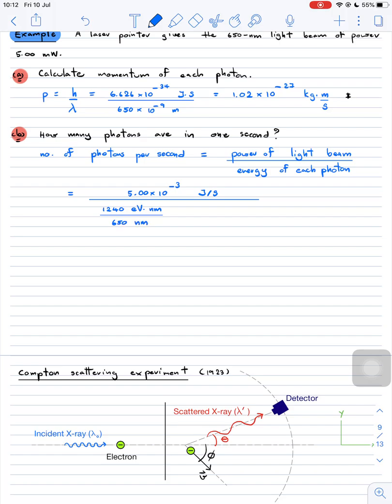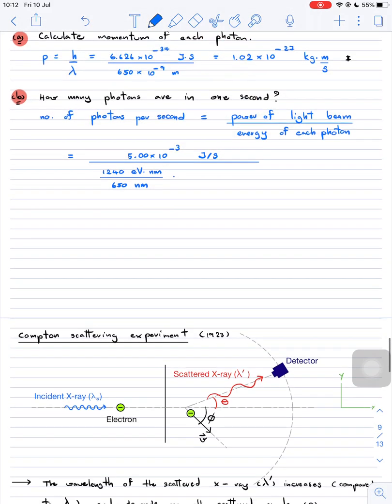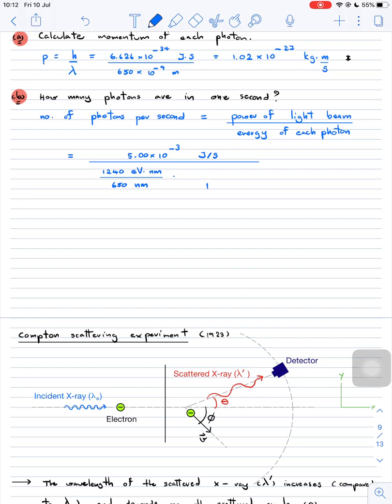Now you can see that the unit of the nanometer cancels out. But here we have units of eV and joules, so we need to get rid of these two as well. Then I'm going to convert the eV into joules. 1 eV equals 1.602 times 10 to the negative 19 joules.